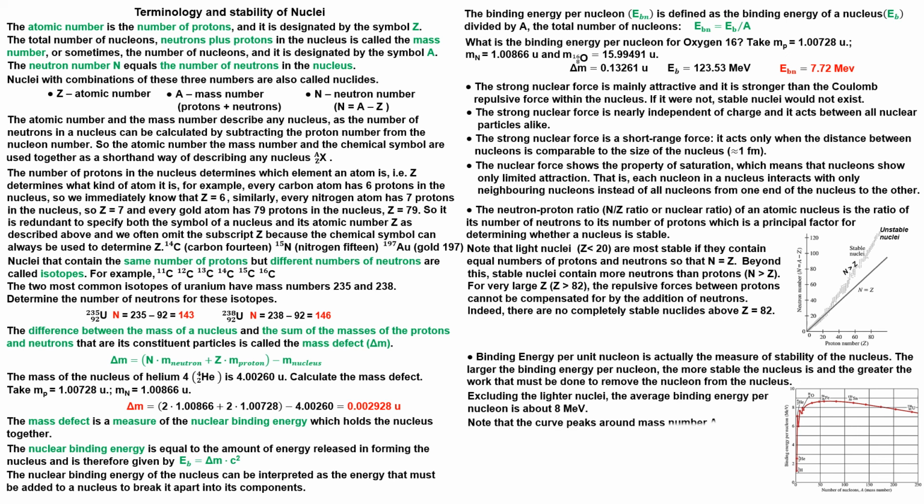Note that the curve peaks around mass number A equals 50 and corresponds to the most stable nuclei. Iron-56, with a binding energy per nucleon equal to 8.8 MeV, is one of the most stable nuclides that exist.